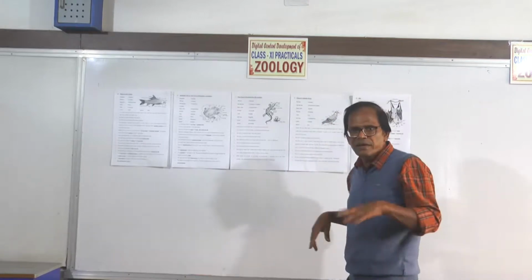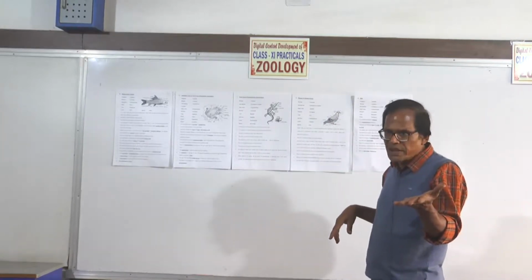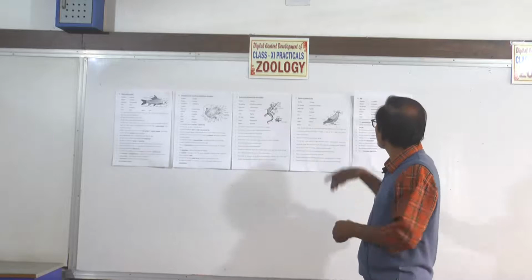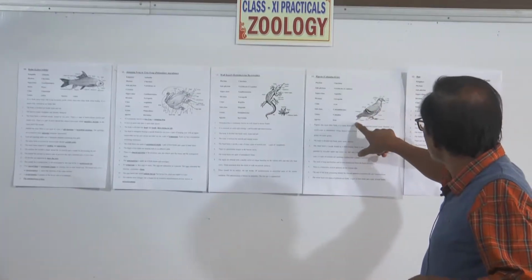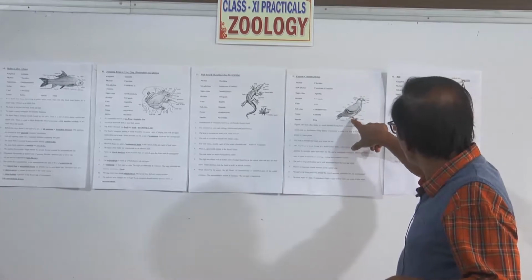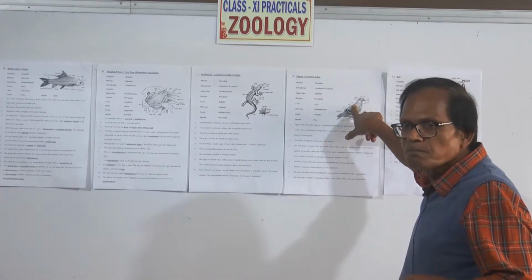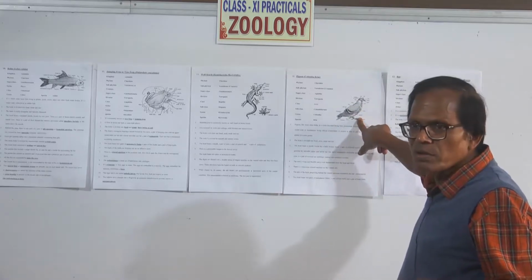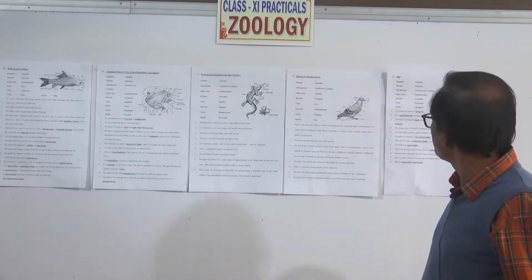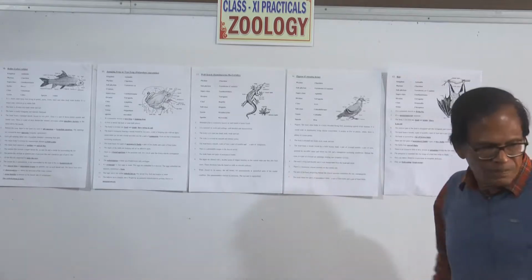There is a beak. A beak is not present in any other animal so far discussed. There are feathers. There is a forelimb modified as wings. Hind limbs are adapted for perching and so on.